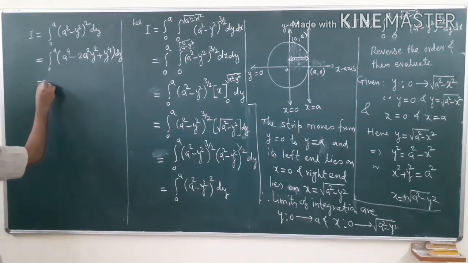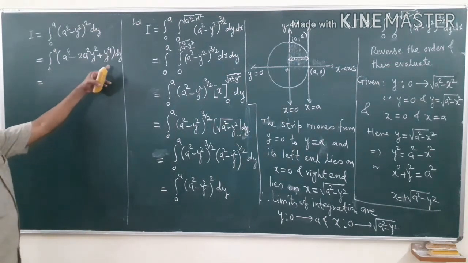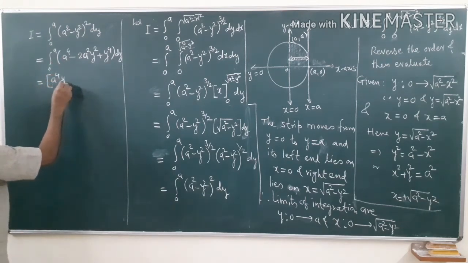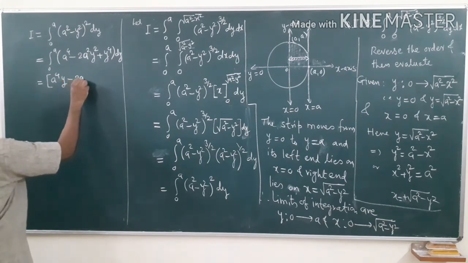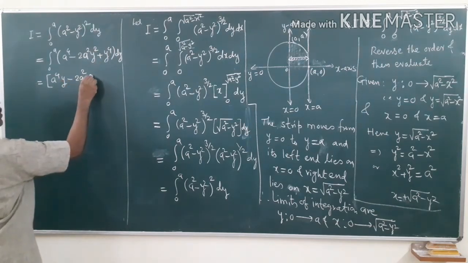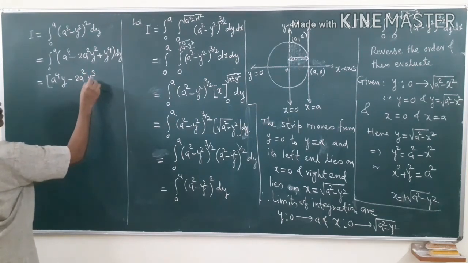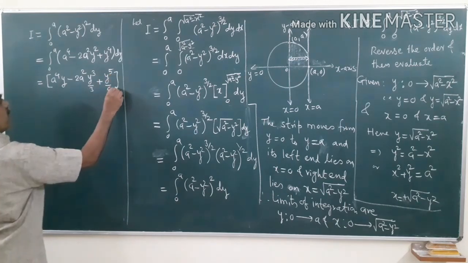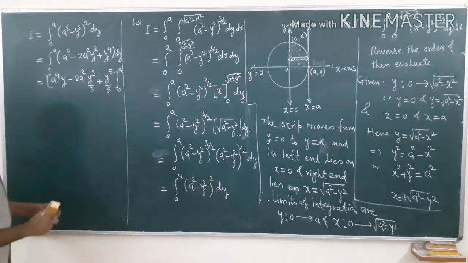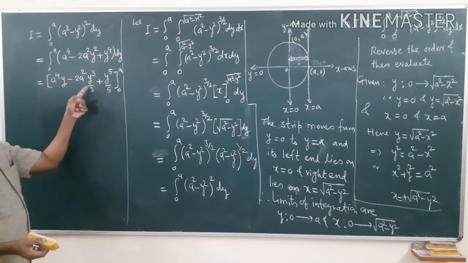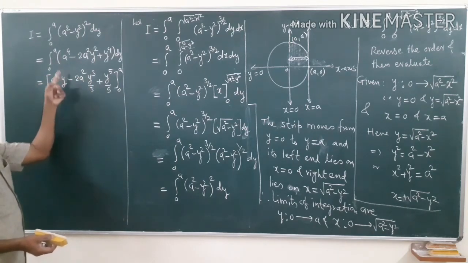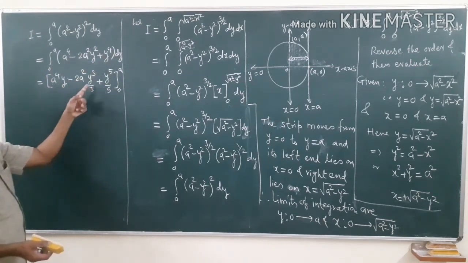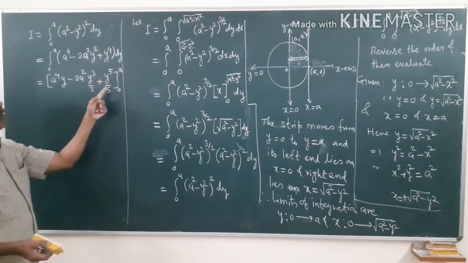So now just take the integral. Therefore a raised to 4 y minus 2a square, the integral of y square is y cube by 3, plus y raised to 5 by 5, and the integrals are over 0 to a. a raised to 4 is a constant, so the integral of a raised to 4 dy is a raised to 4 y, and the integral of y raised to 4 is y raised to 5 by 5.